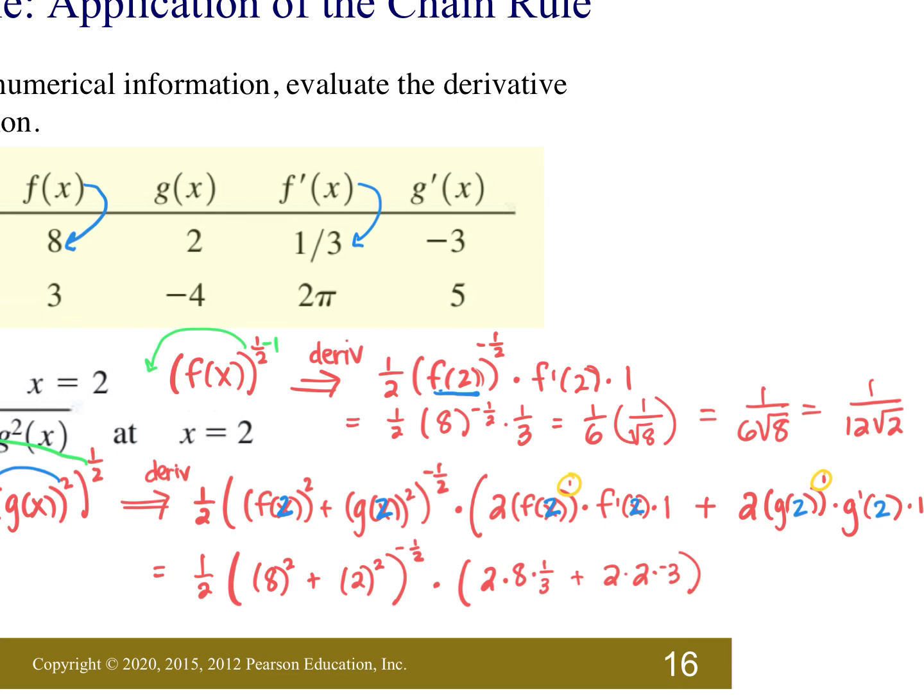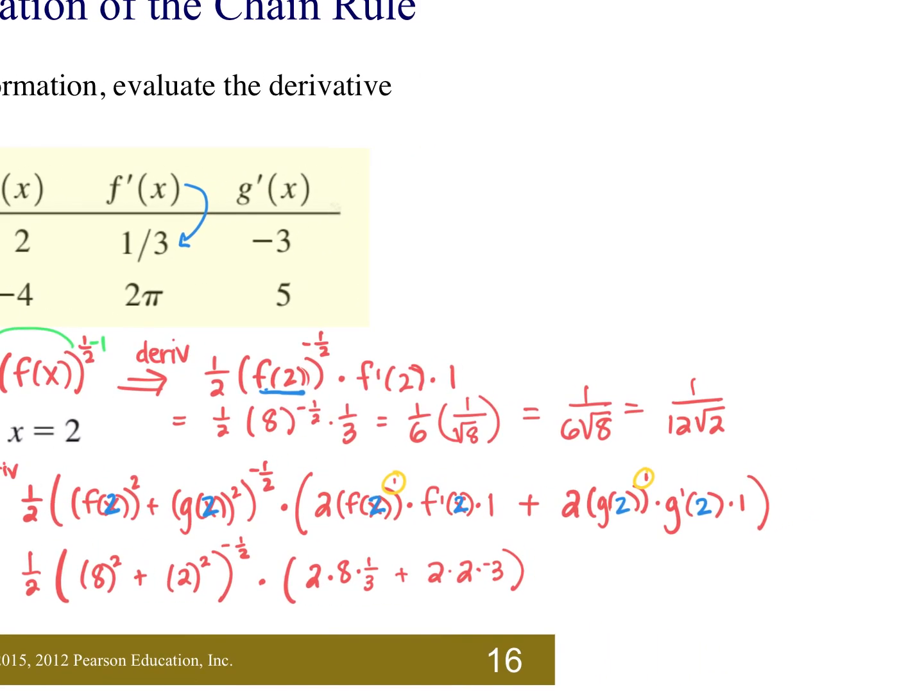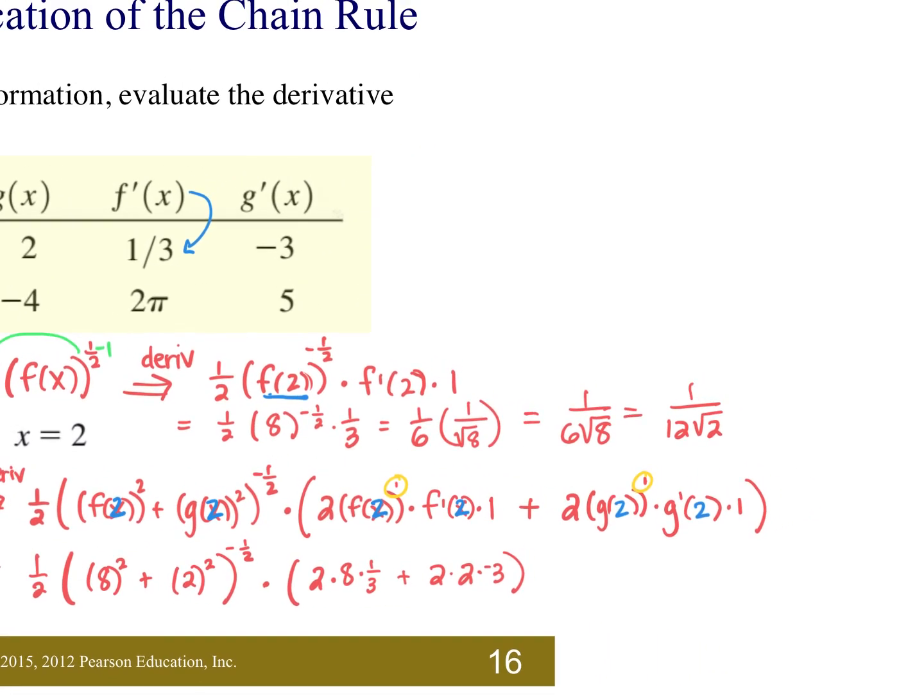So now what remains is for me to clean all of this up numerically. So this just becomes an arithmetic problem. So 1/2. Okay, so now this is 64. That's 4, so that's 68. But we also have the power. So this would be 1 over the square root of 68, which we could simplify.